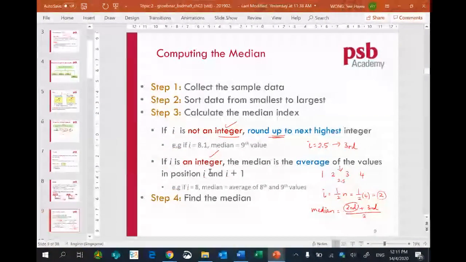If it's a whole number already, then you take this I and the next I. If I is second, then you need to get the third as well, and you find the average of these two numbers.